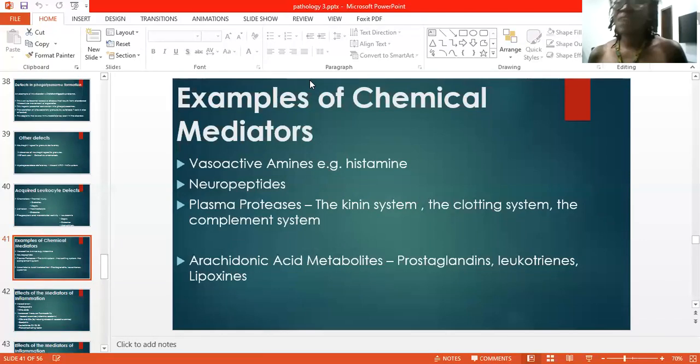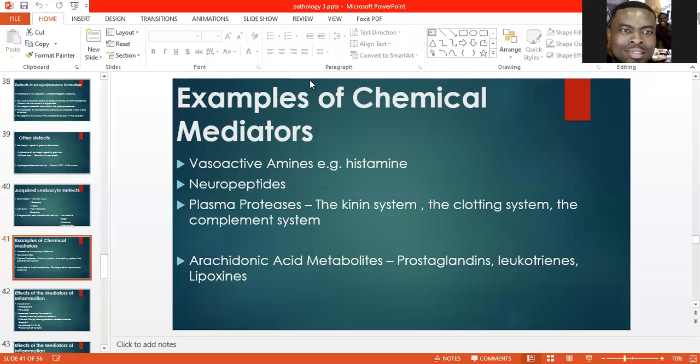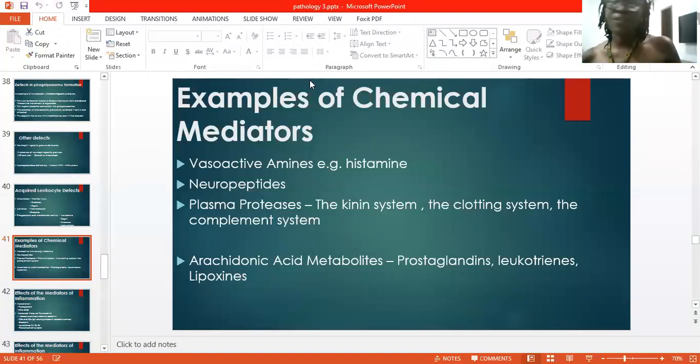But the fact that there is pain doesn't mean that it is due to an inflammatory reaction. For you to say that there's an inflammatory reaction, you have to have all the 5 classical signs of inflammation: the pain, the redness, the heat, the swelling, and the loss of function. All these 5 things have to be present for you to say that inflammation has occurred.